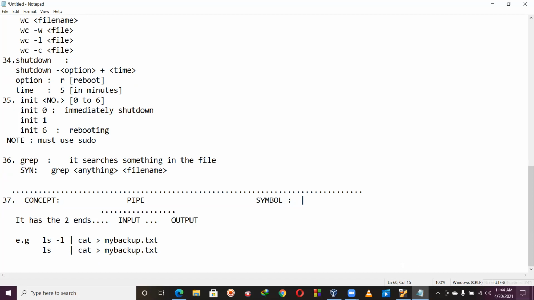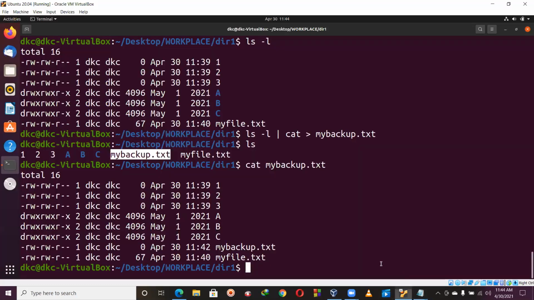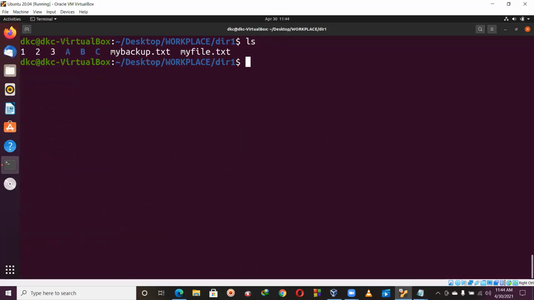Now what happens? Can you explain? Just apply common sense, guys. First, once again, these are the contents about ls. And what is the contents of my backup, you already know. So here ls pipe sign and cat greater than sign my backup.